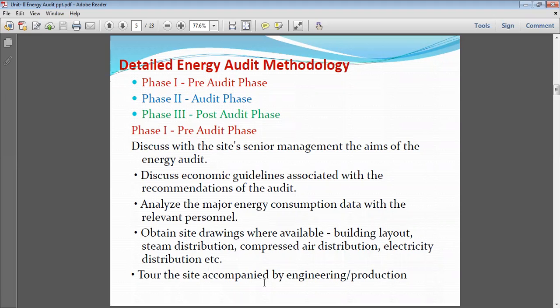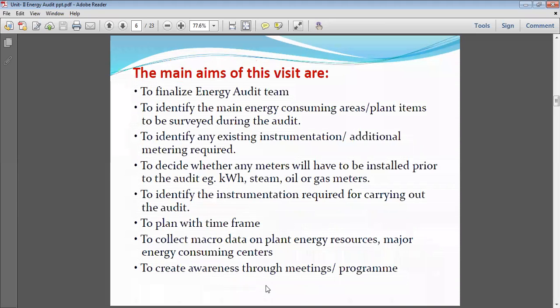Now, tour the site including some site engineer or factory manager. The objectives of the tour are, first, to finalize the audit team. We have to make the audit team with representatives from the auditor side and representatives from the client side, because it is the mutual effort of the auditor as well as the workers working in the factory.